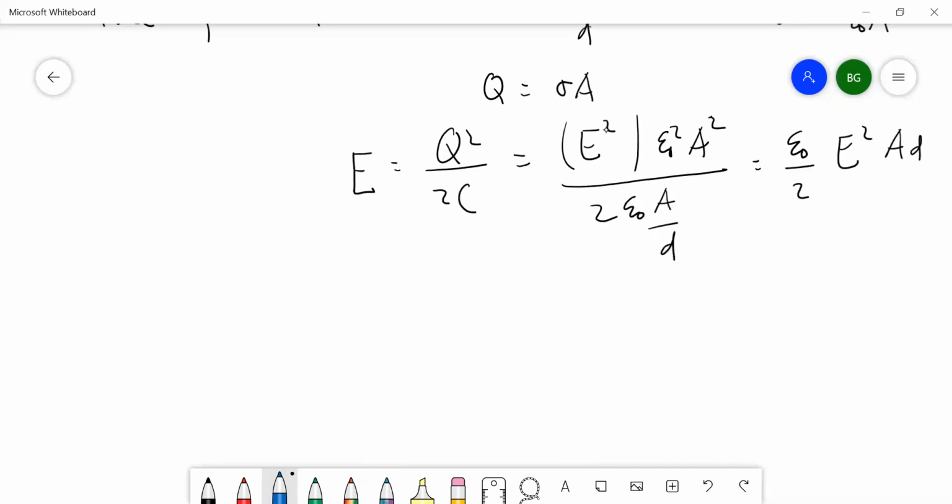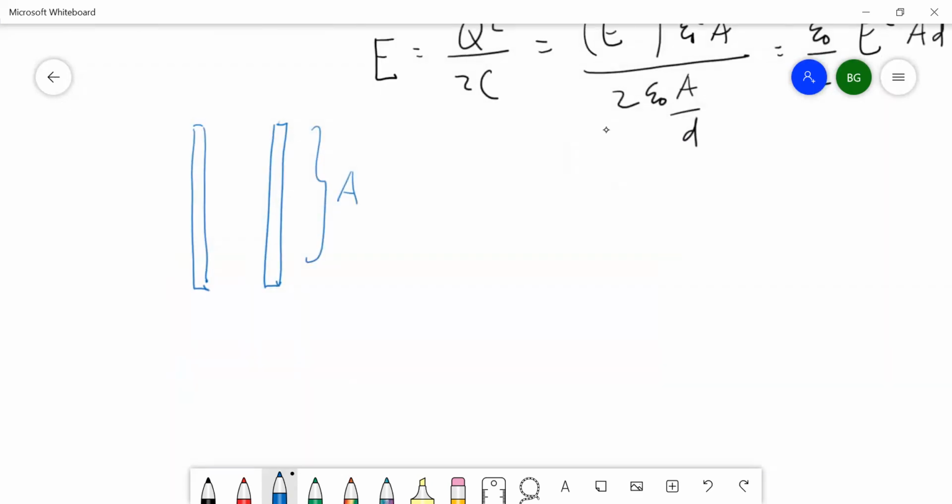You see that, let me draw again this parallel plate capacitor. This is the area, capital A, and this is the width d. So A times d is the volume of the capacitor.